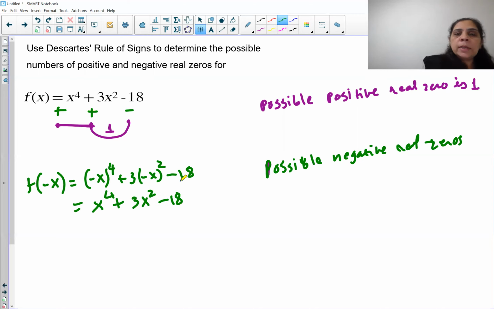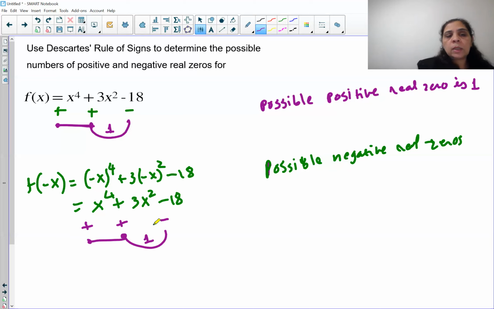So now we can check sign changes again. See, first term positive, second term positive, third term negative. So we don't have any sign change from the first term to the second term, but from the second term to the third term we have a sign change. It's only 1. So we can see here again, we will get 1 possible negative zero.